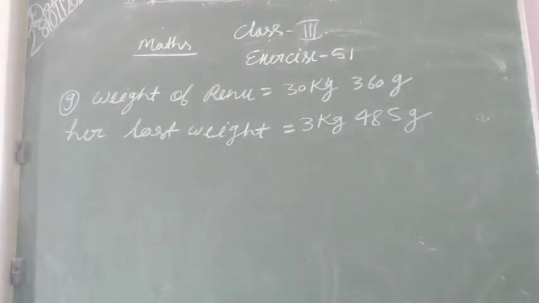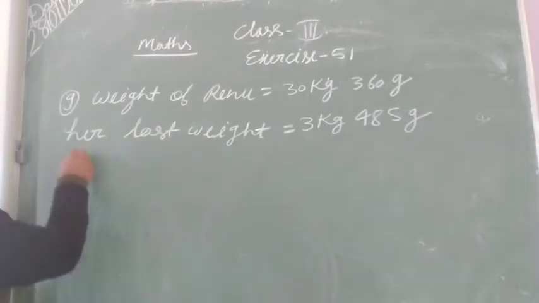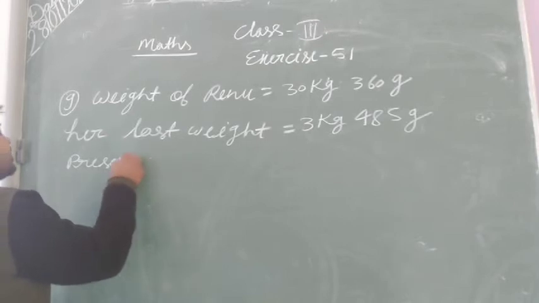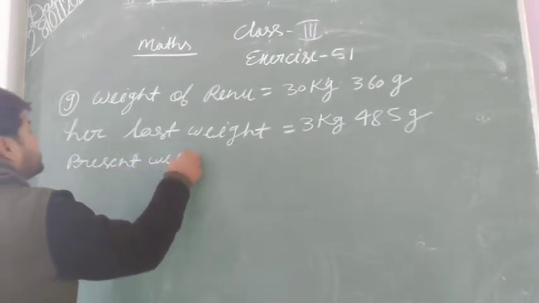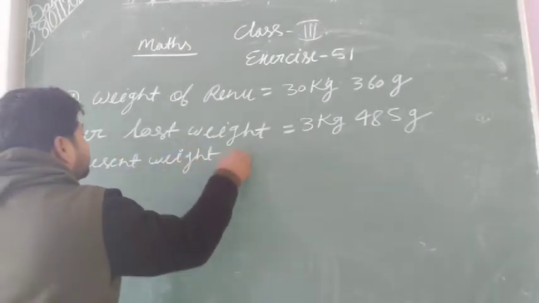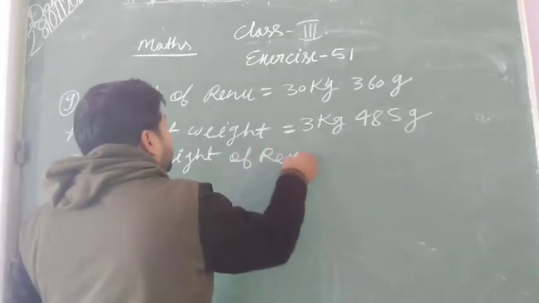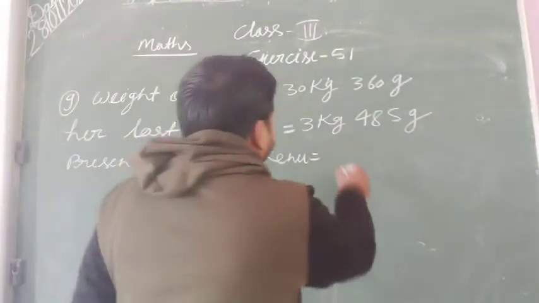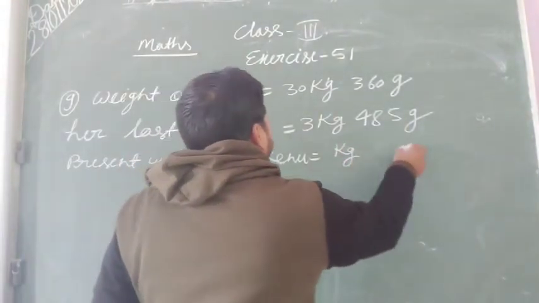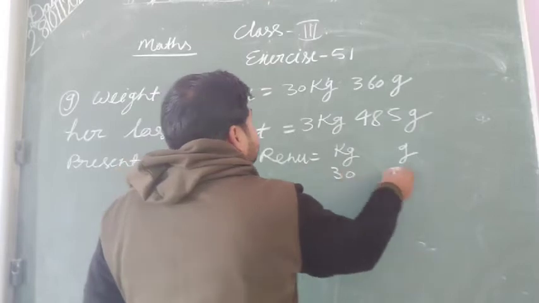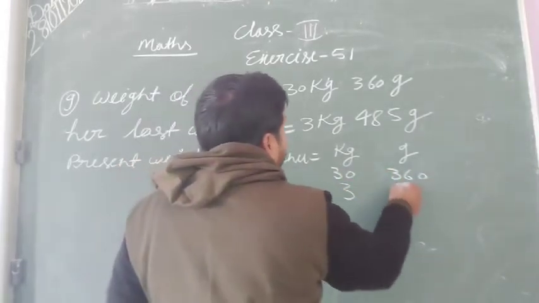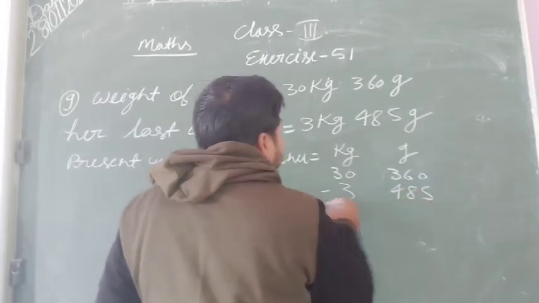So what will be her present weight? Then you have to write present weight of Renu. So you have to subtract. Okay. So first you have to write in kg and gram. 30 kg 360 gram and 3 kg 485 gram.